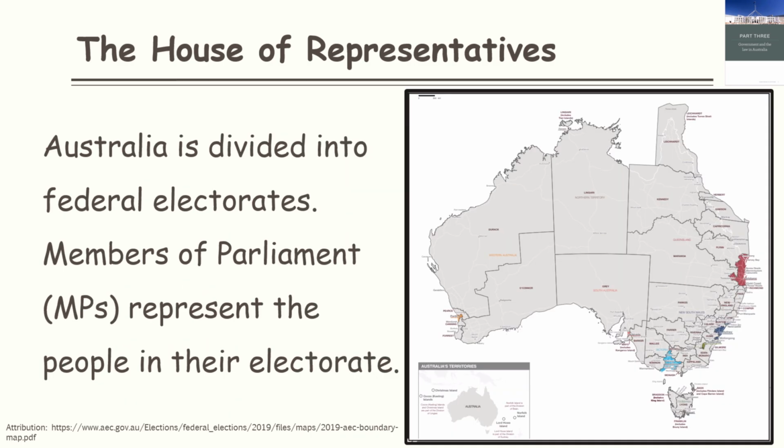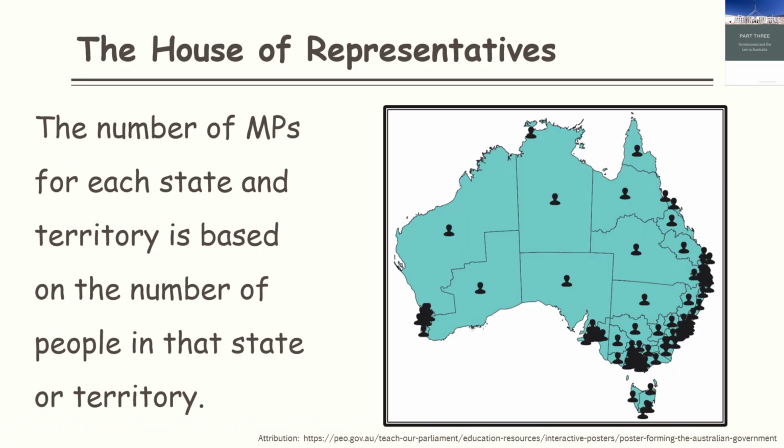Australia is divided into federal electorates. Members of Parliament, or MPs, represent the people in their electorate, or area. The number of MPs for each state and territory is based on the number of people in that state or territory.